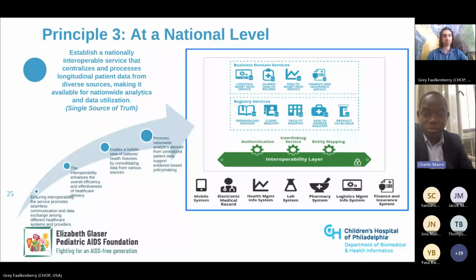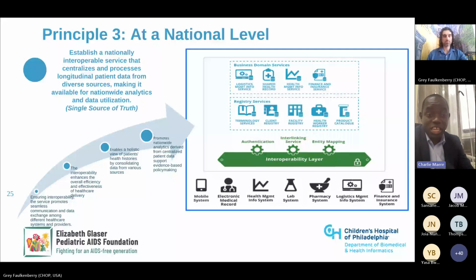So I know most of the folks here might recognize this diagram. We adopt this at national level to provide a single source of truth, where multiple systems and multiple facilities are able to feed information at a central level to feed the health shared record, and then inform the nation or the ministry on trends, case-based surveillance, and so on and so forth.